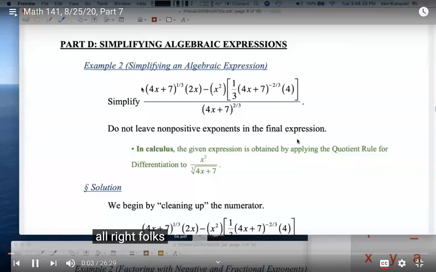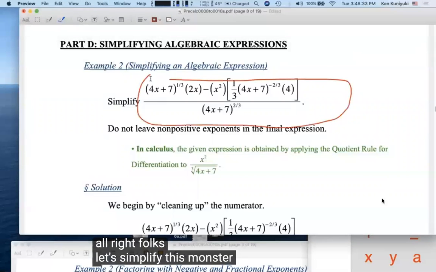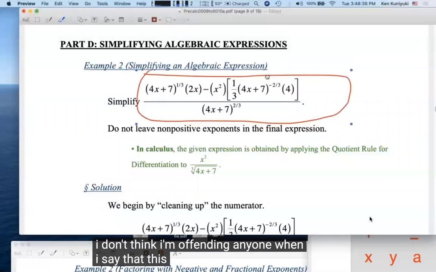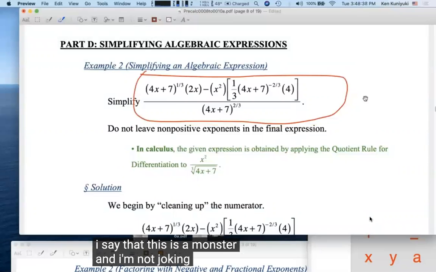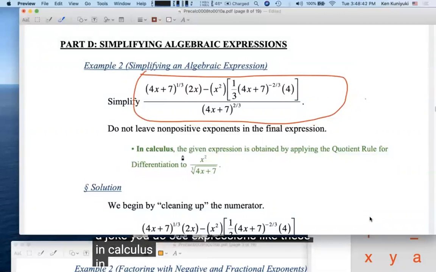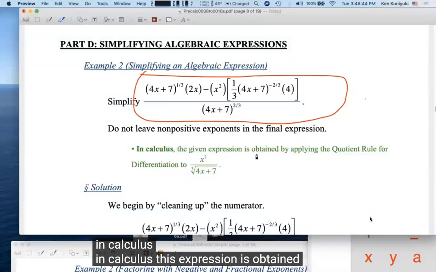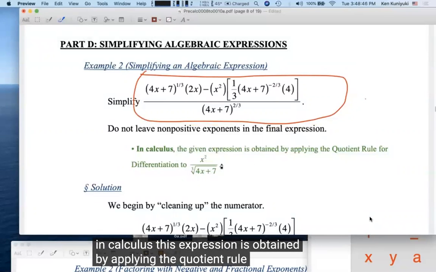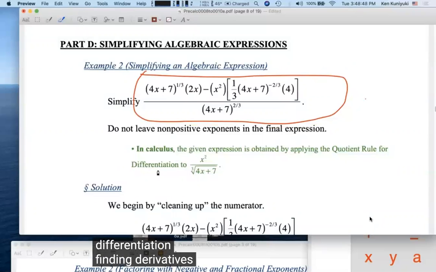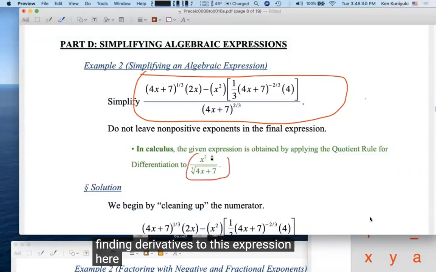All right, folks, let's simplify this monster. I don't think I'm offending anyone when I say that. This is a monster. And I'm not joking with you. This is not a joke. You do see expressions like these in calculus. This expression is obtained by applying the quotient rule for differentiation, finding derivatives, to this expression here.